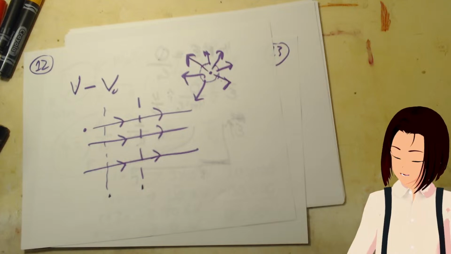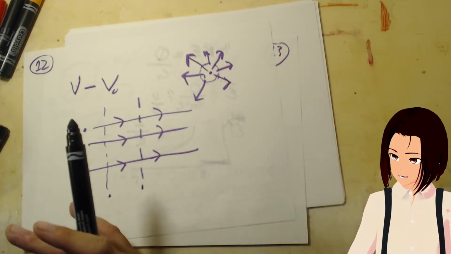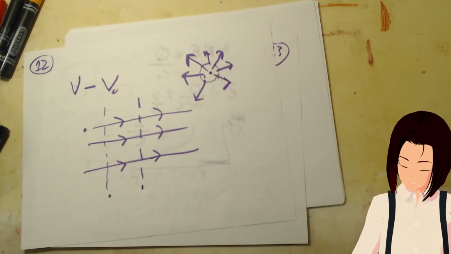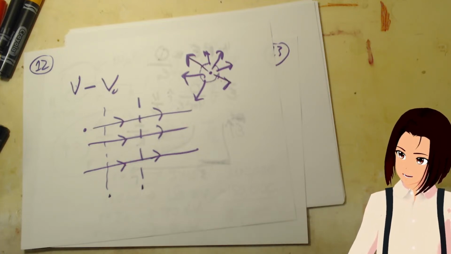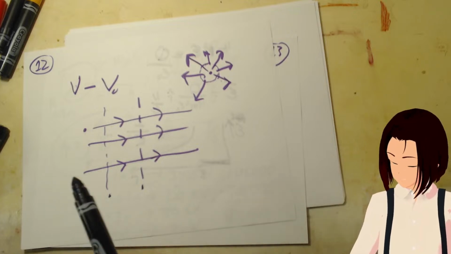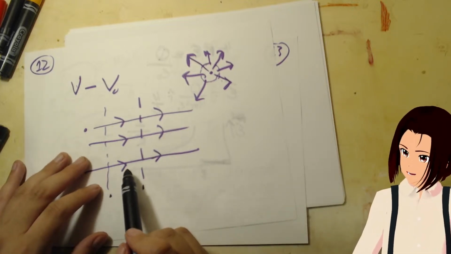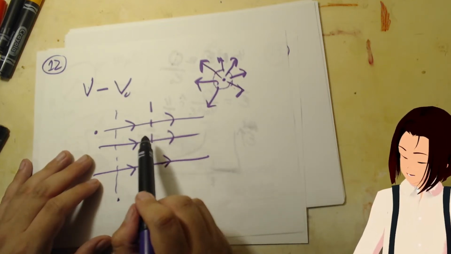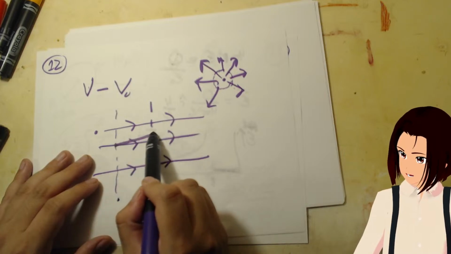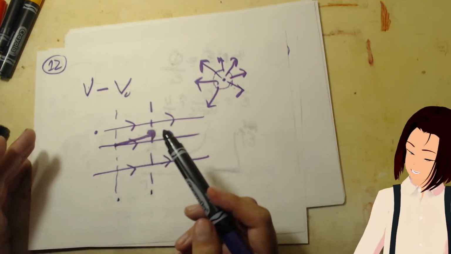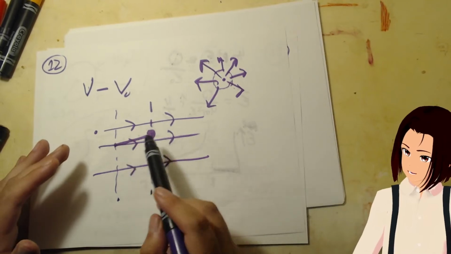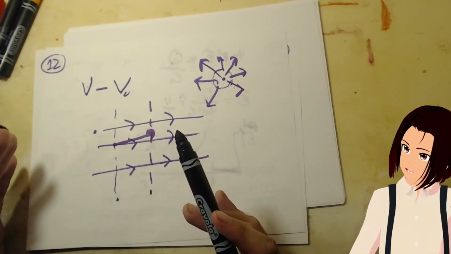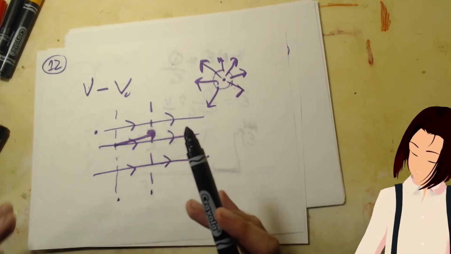And from the Van de Graaff example, just because you can move a charge around doesn't mean you're creating a potential difference. If you're moving a charge on this plane, that's not a potential difference, but if you move a charge from here to here, that's a potential difference. Just because you're moving a charge in space, you're not necessarily experiencing a potential difference.